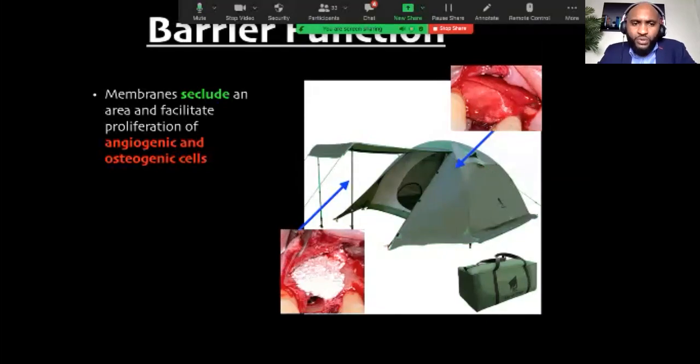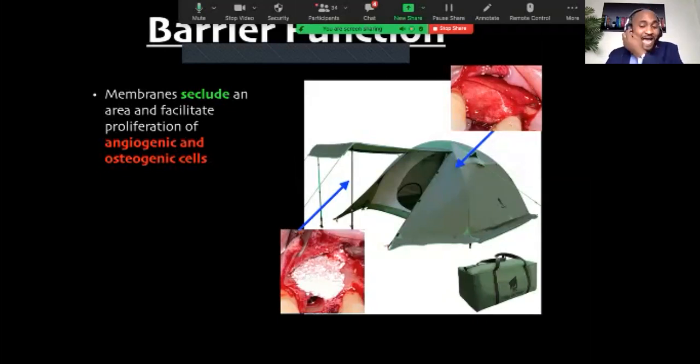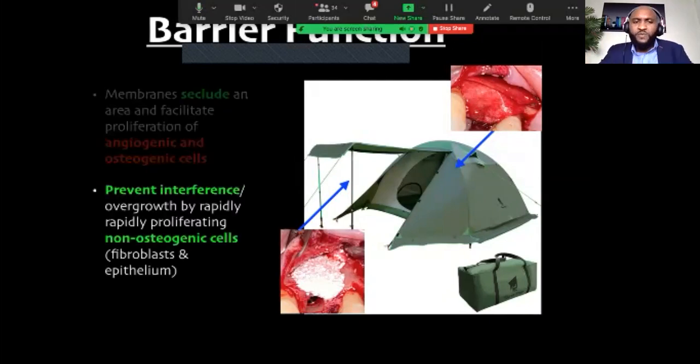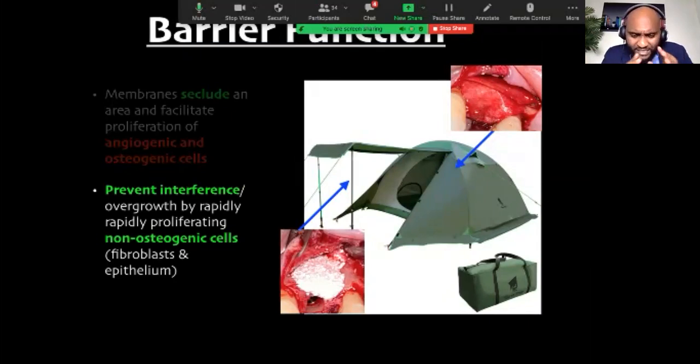We want bone and blood vessels to populate that area and block out the fast-growing tissues, which will be fibroblasts and epithelium. So once you have these in mind, then our discussion from this point will be better.